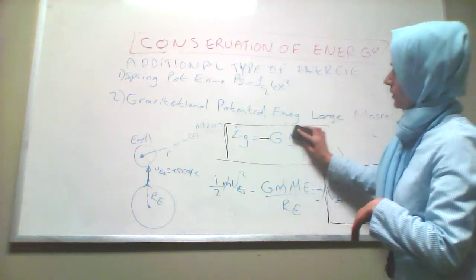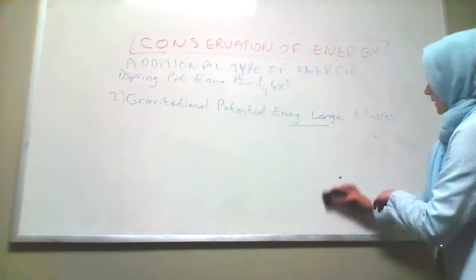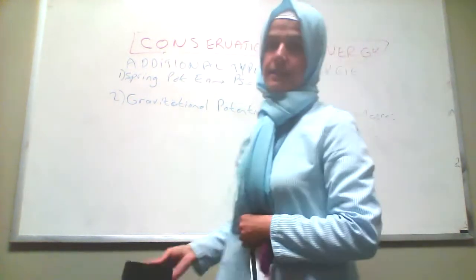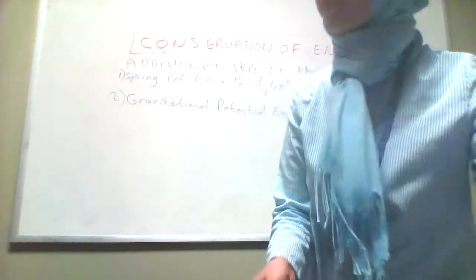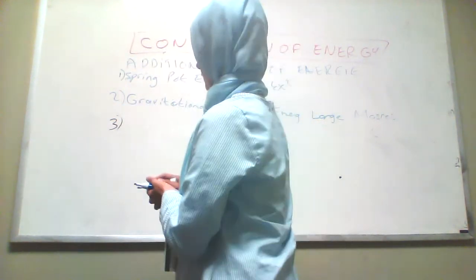Additionally, as a third type of energy, we learned about rotational motion and angular velocity. Since angular velocity is also a type of velocity, we can have a rotational kinetic energy. So there's another type of energy, rotational kinetic energy.